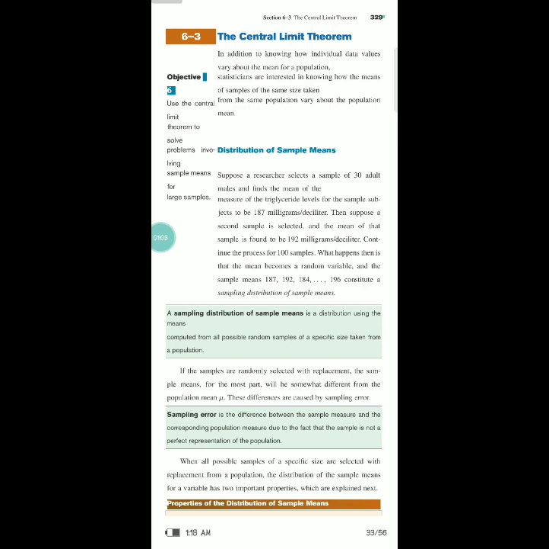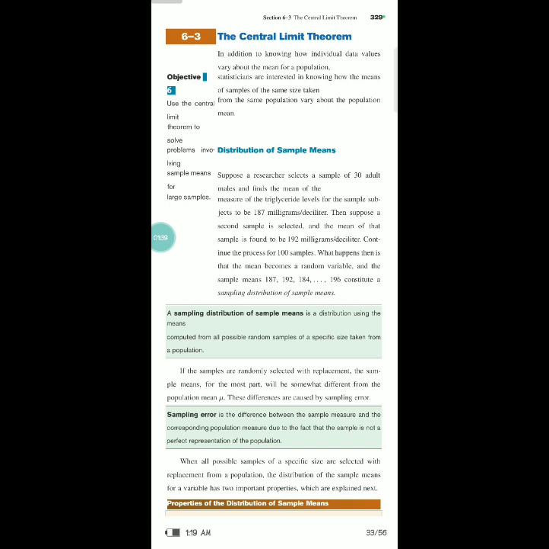So, what is a sampling distribution of sample means? A sampling distribution of sample means is a distribution using the means computed from all possible random samples of a specific size taken from a population. So, sa atong example, namantay kanang sample nga gikuha nila sa 30 males nga ilang gikanda og measurement sa triglyceride levels. So, each samples nakakuha sila, sa first sample nila nakakuha sila og 180 milligrams per deciliter.